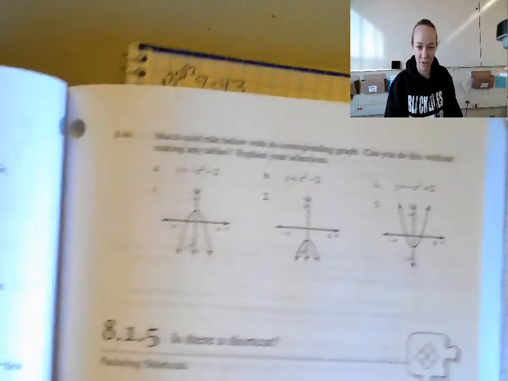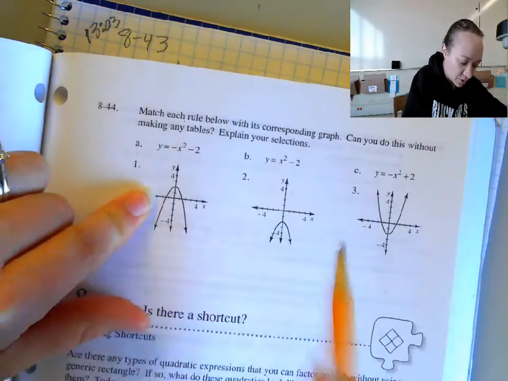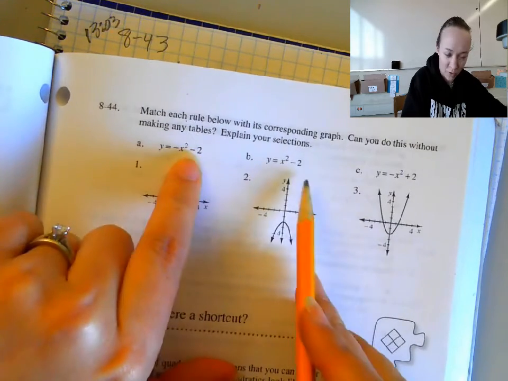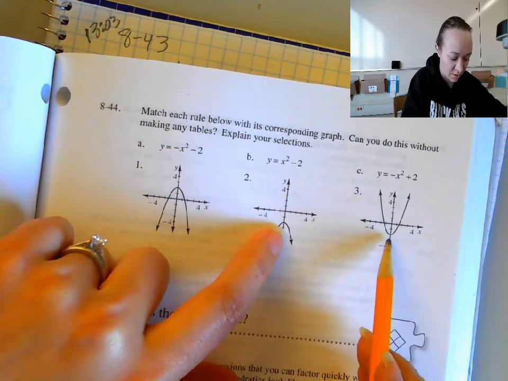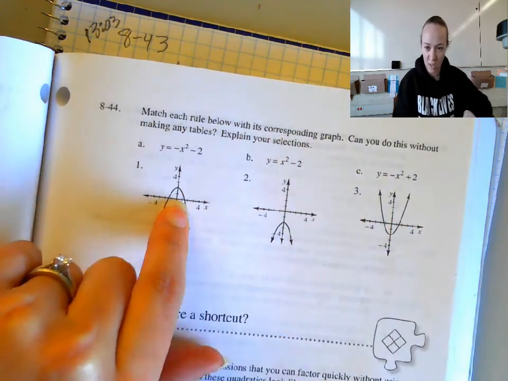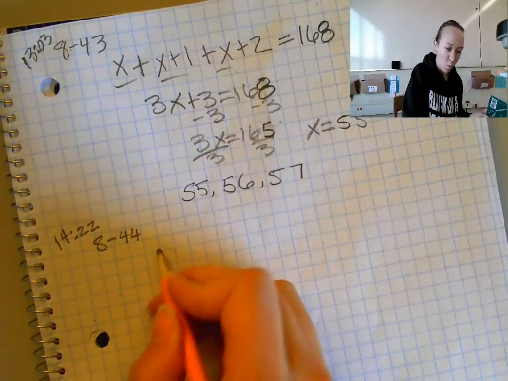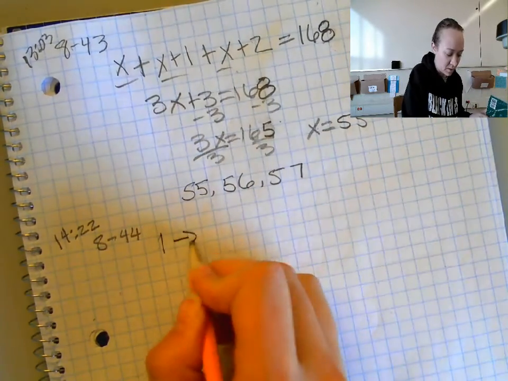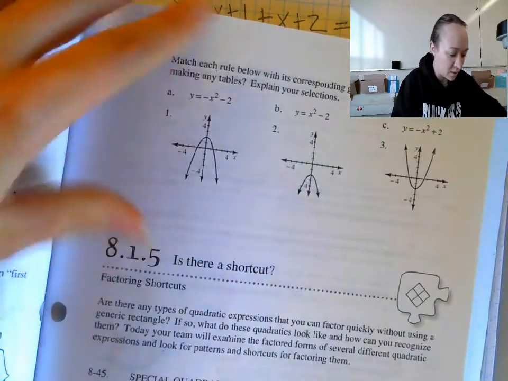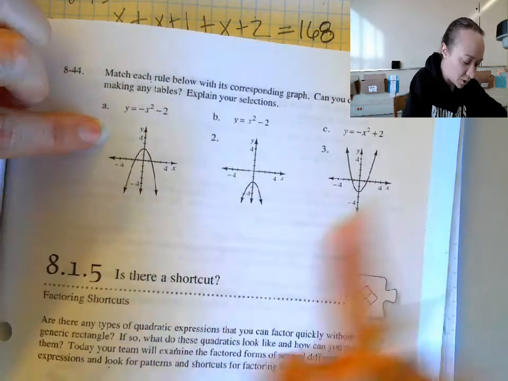Okay, and on 44, we need to do some matchy-matchy here. So these ones both have a negative 2 for the y-intercept right there. So that means that 1 must match with C because it's the only one with a positive y-intercept. So 1 matches with C. That leaves me with A and B matching with 2 and 3.